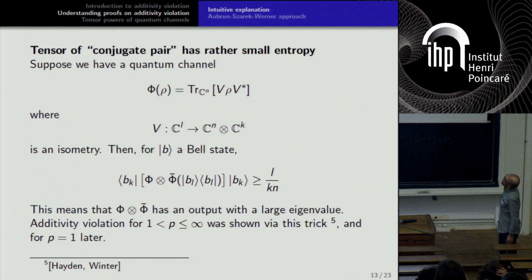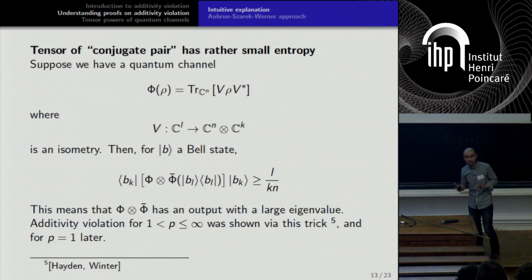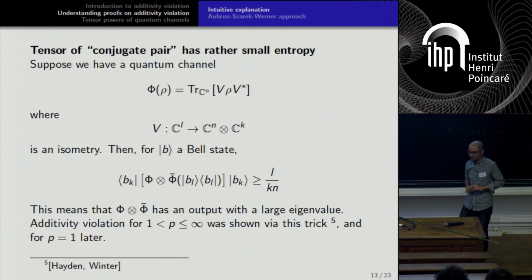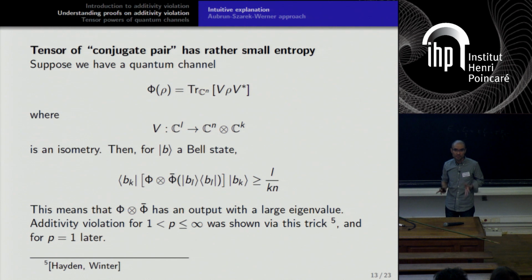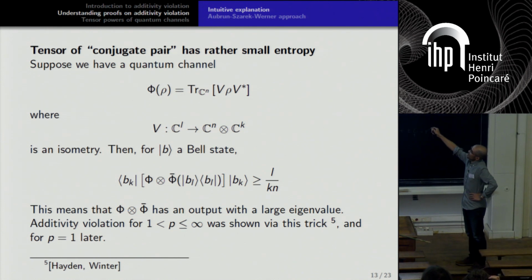From now on, let's see very briefly what's going on in the additivity violation proof. To show that the minimum output entropy of the tensor product of two channels is smaller, we have to show that there is some input which gives an output with smaller entropy. So this is what's happening here. We take some quantum channels and just input Bell states.